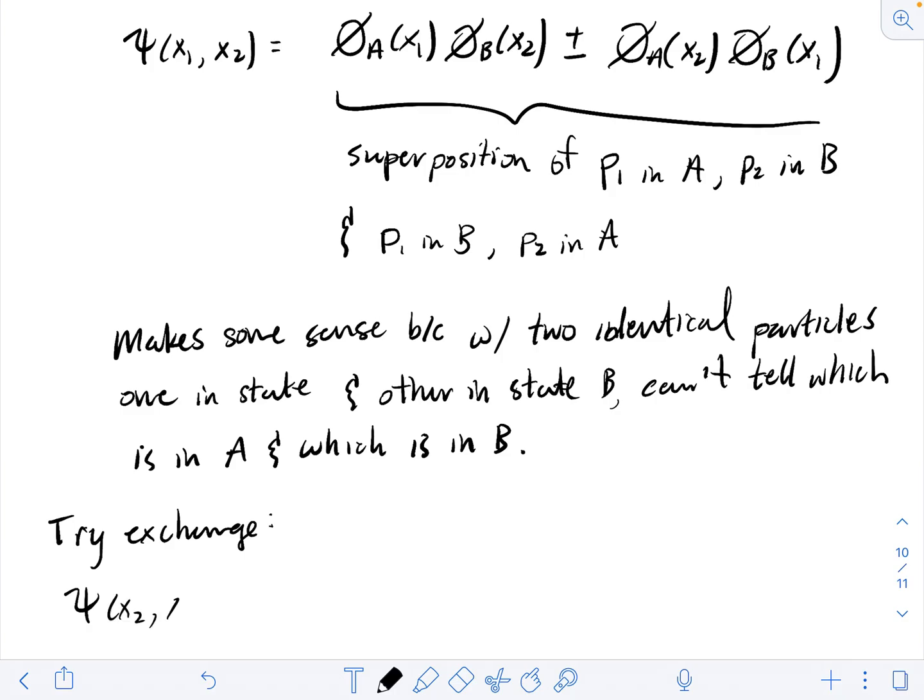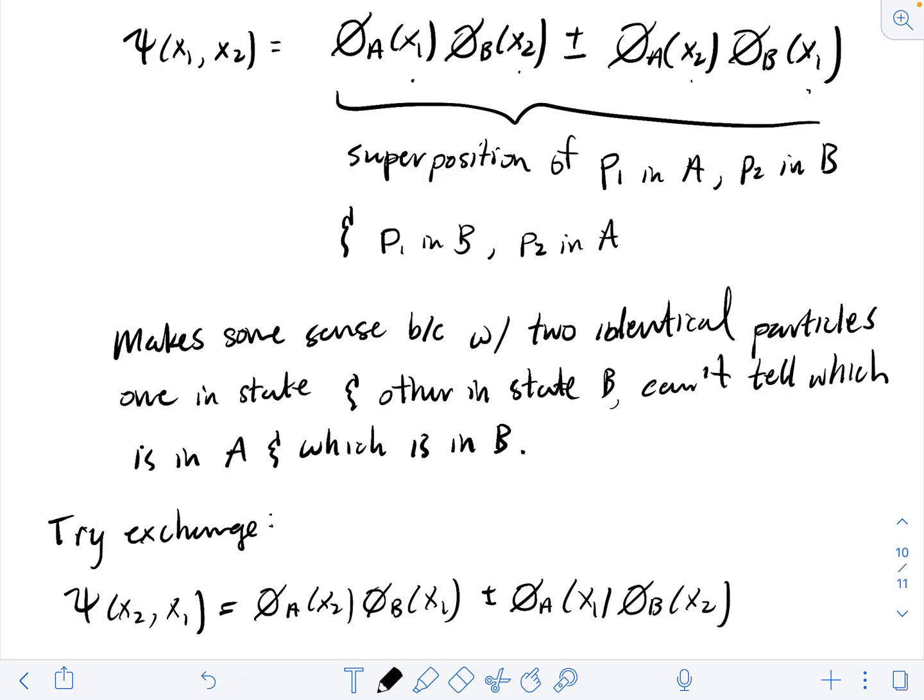Okay, so phi of x2, x1. Wherever I see an x1 over here, I'm going to put an x2, and wherever I see an x2, I'm going to put an x1. And so what we get is phi a x2, phi b x1, plus or minus phi a x1, phi b x2.